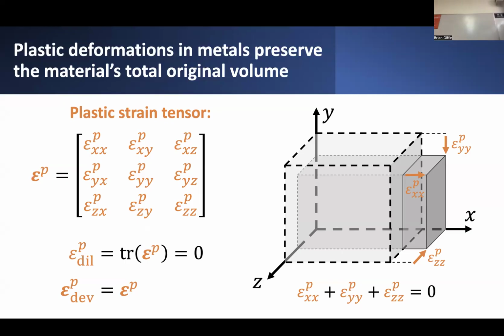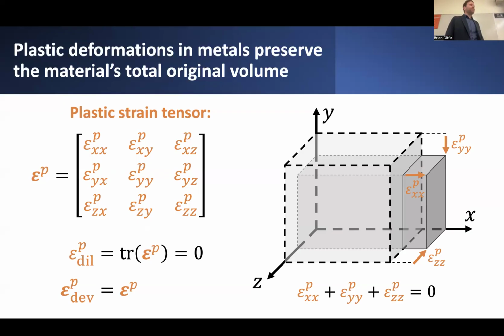So if you were to sum up the diagonal entries, epsilon xx, yy, and zz in this plastic strain tensor, they would all sum up to 0, which is indicative of a state of strain that preserves the total volume of some original chunk of material. So if you had an original cube of material that had a unit volume, and you subjected it to this permanent plastic strain deformation, you'd find that the volume of the deformed chunk of material maintains that same unit volume.